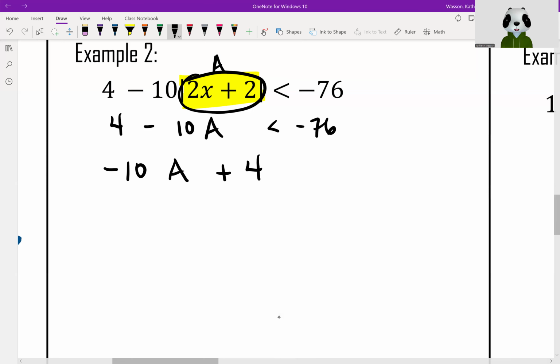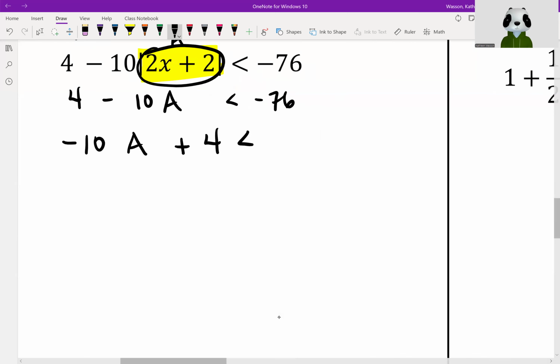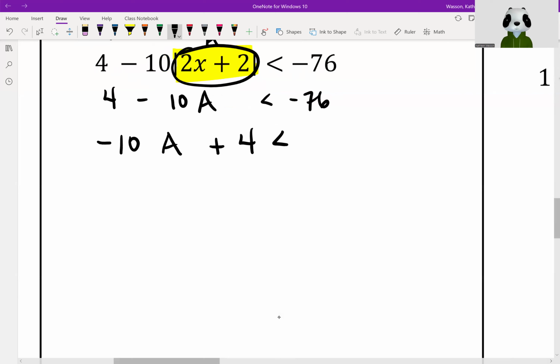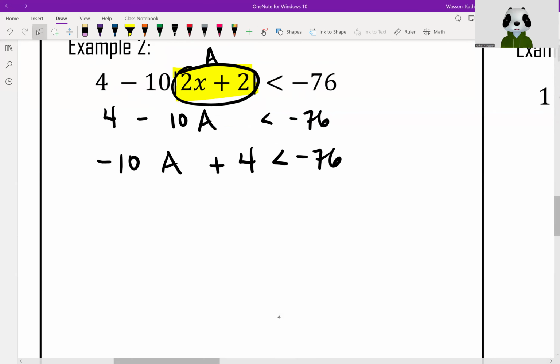These are still added together. These are equivalent, but for some reason, we're less likely to solve this incorrectly. So I'm just going to call this expression A until I get it isolated.